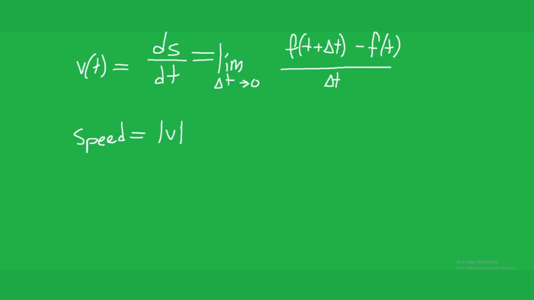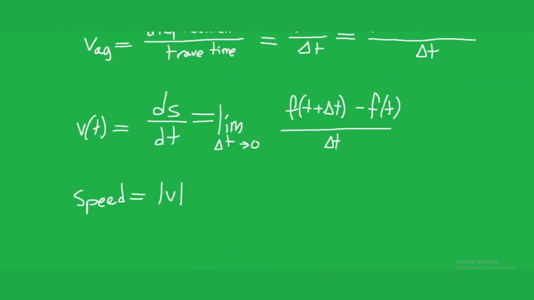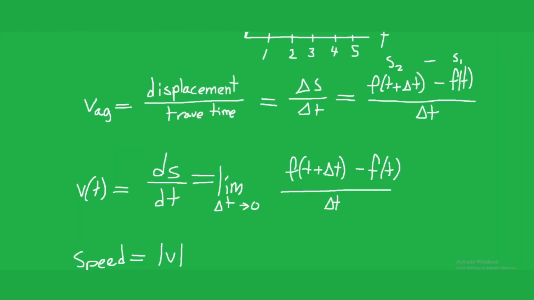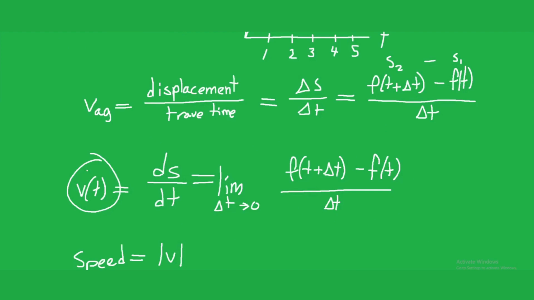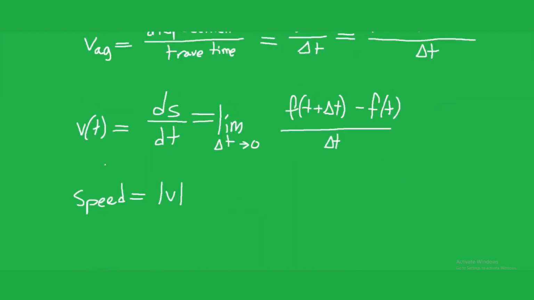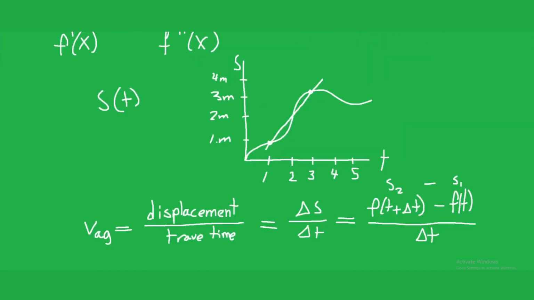Okay. So just know the derivative, in other words, I could rewrite this as you see here, ds over dt. We're taking the derivative of this function. That is velocity, your instant velocity, or your derivative. In other words, velocity is your rate of change.